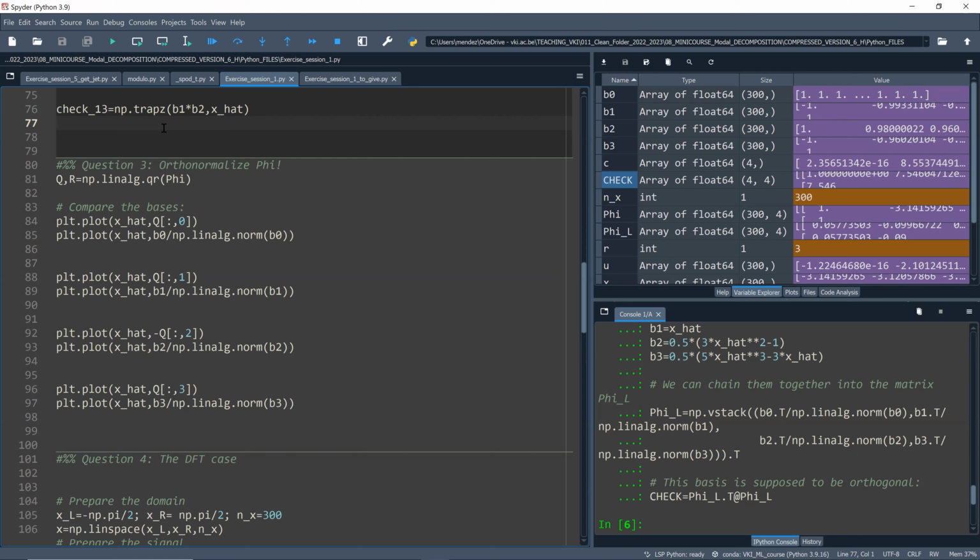So if phi is a matrix of dimension, in this case, 300 times 4, so I call it phi. So here we're doing that. This is 300 times 4. This will be 300 times 4. This will be 4 by 4.